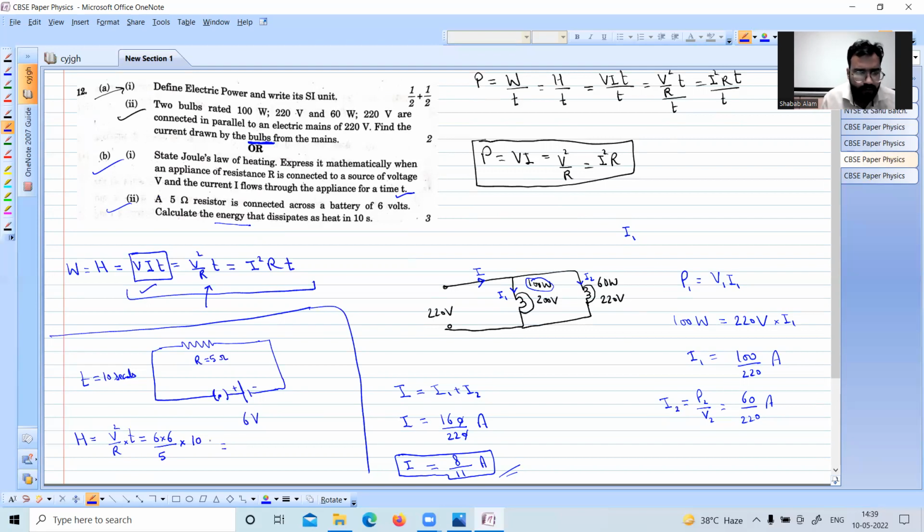So we get 36 into 2, which is equal to 72 joule. So this is the amount of heat energy dissipated in 10 seconds by the resistor of 5 ohm. Okay, now let's move to the next question.